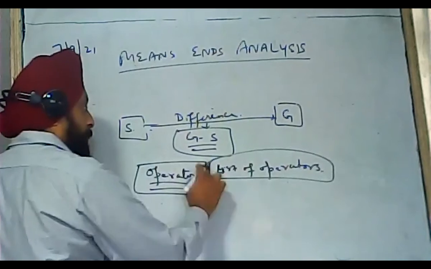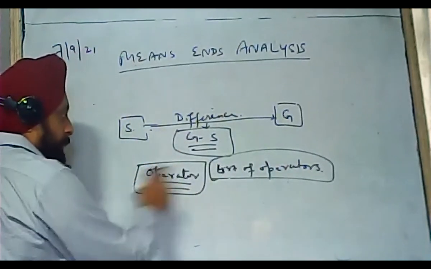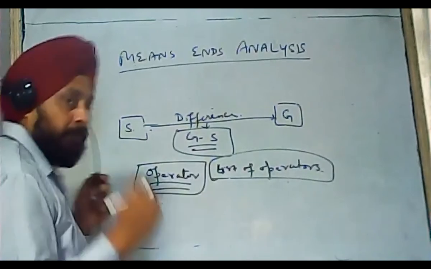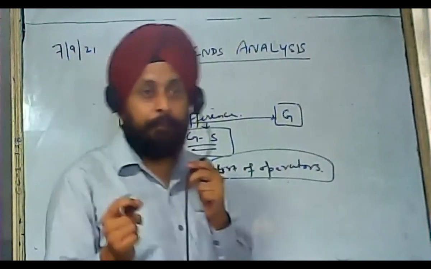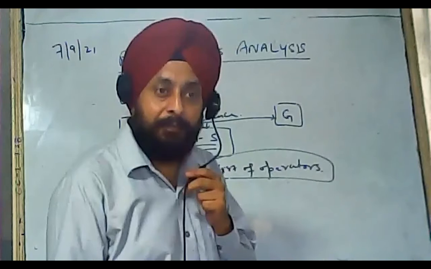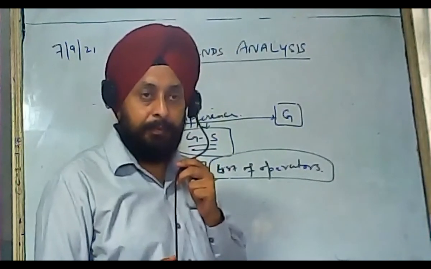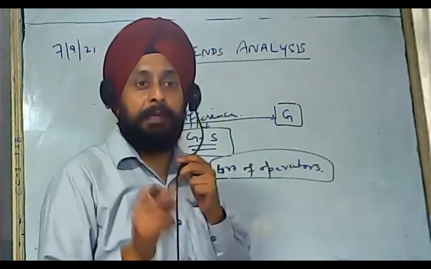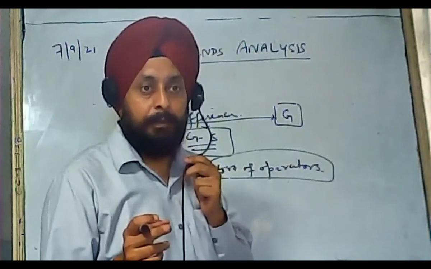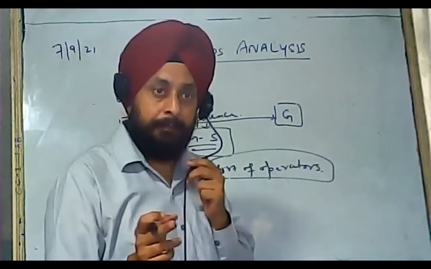From that list, you have to select one operator that will reduce the difference. This selection is very important because there can be more than one operator which reduces this difference. So now you have to select the best one. Here the heuristics come. Which operator will you select?